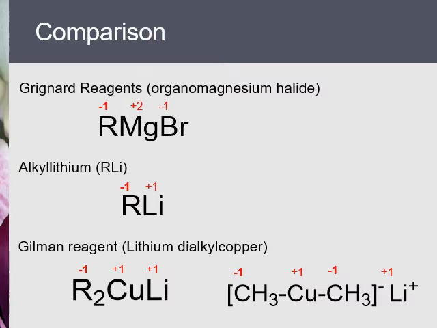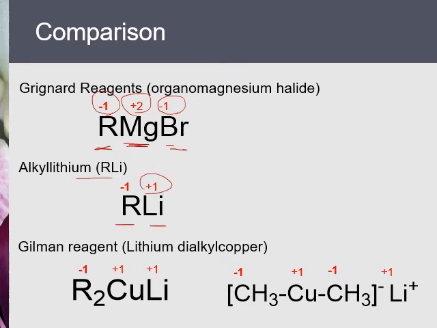Here is a comparison of these organometallic compounds. In Grignard reagent, a magnesium connects to a bromine and a carbanion. Magnesium is 2+, bromide is negative, and carbanion is negative. In alkyl lithium, a carbanion connects to lithium.